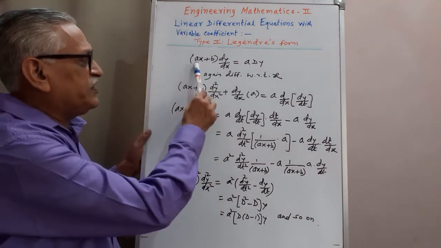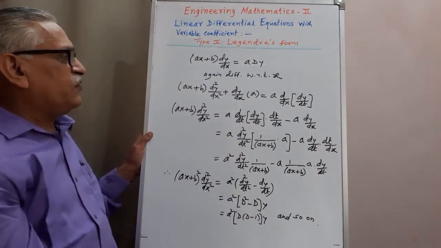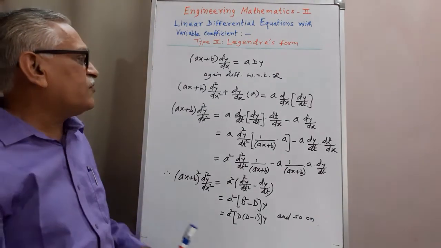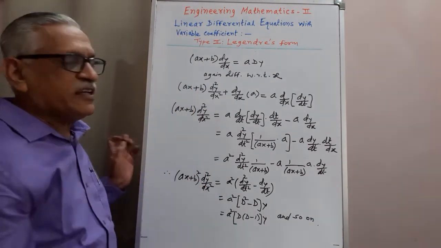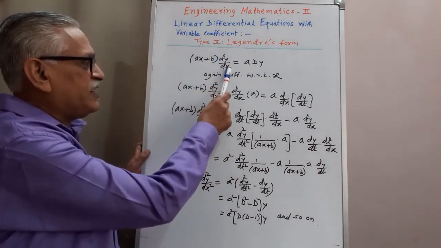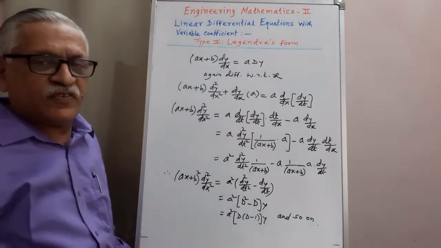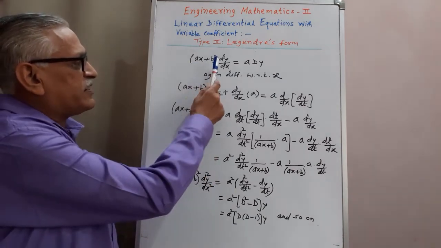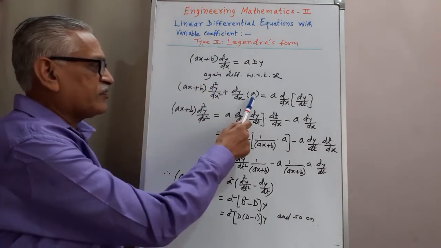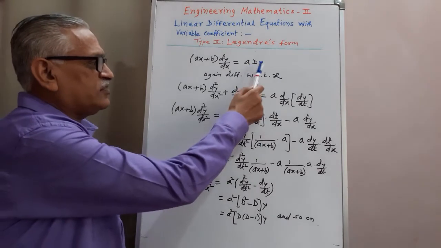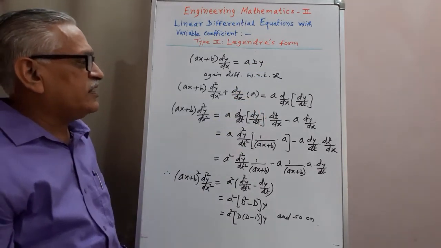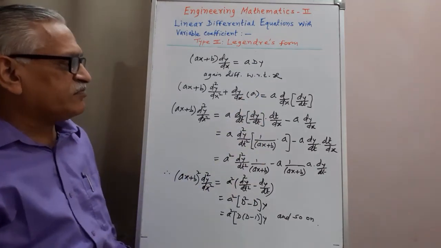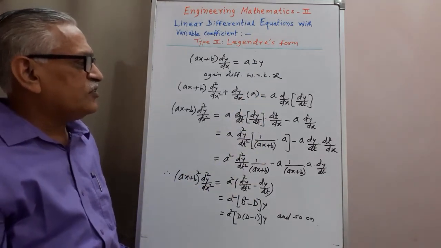The last result we have is (ax+b) dy/dx = a D operated on y. Differentiating this result with respect to x, on the left-hand side we have to apply the product rule. First term as it is, ax+b, times the derivative of dy/dx, which is d2y/dx^2, plus the second term dy/dx times the derivative of ax+b, which is a, equals a Dy, where D stands for d/dt.